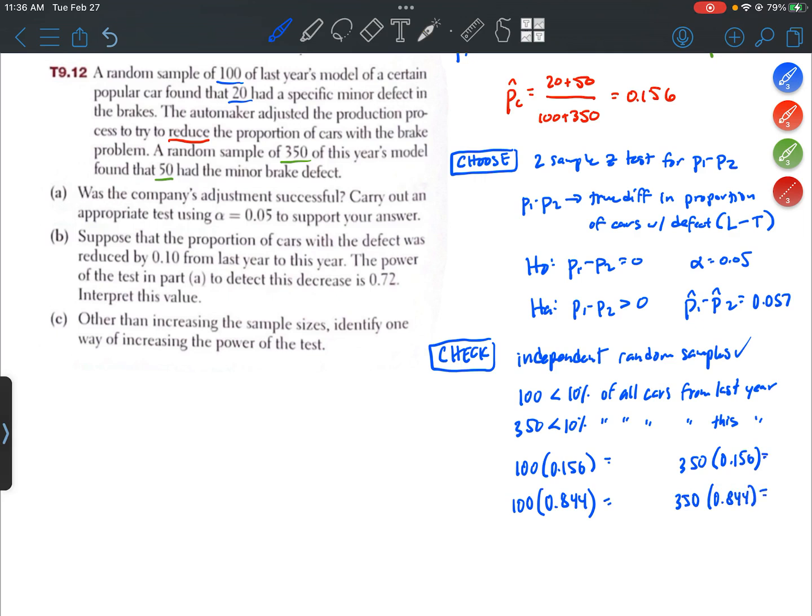Okay. If you don't mind, I'm just going to calculate these off screen. Well, actually, the ones with 100 are easy to do. All right, that's 15.6 and 84.4. 350 times 0.156, 54.6. And then the other one would be 295.4. Okay, all right, and all of those values are at least 10.